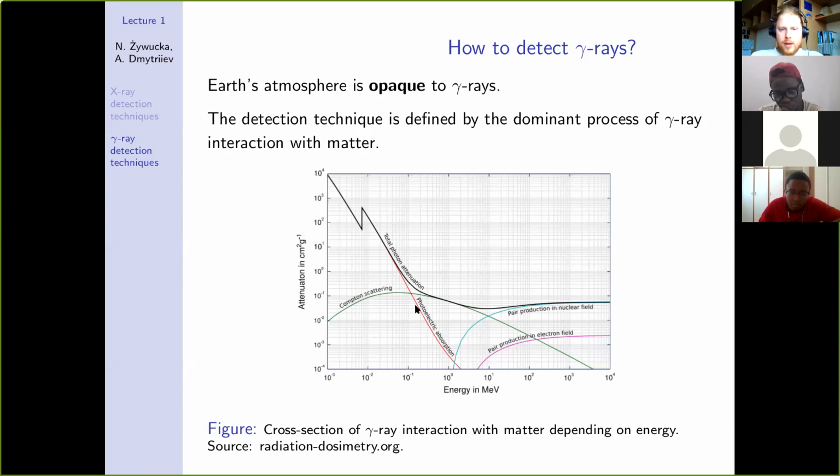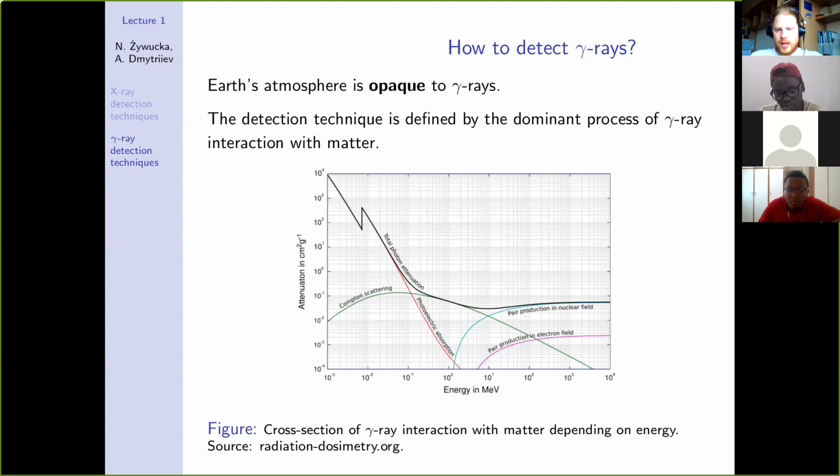At some point, the total cross section for photoelectric absorption starts to compete with Compton scattering. The gamma ray sees the electron in the atom more like a free one rather than a bound one. The shorter the wavelength, the more localized the wave, if you can consider it as a wave.